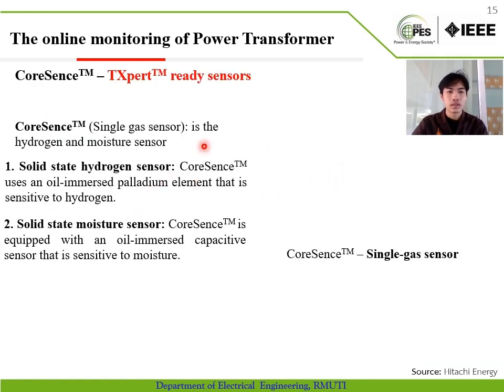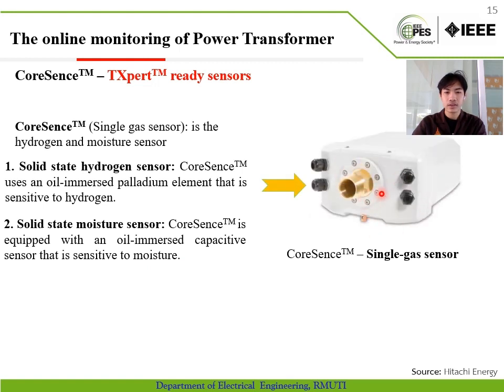Constant TF is a single gas sensor that is sensitive to hydrogen and moisture and is divided into two solid states. The first one is a solid state hydrogen sensor using an oil image that is sensitive to hydrogen, and the second is a solid state moisture sensor using an oil image capacitive sensor.